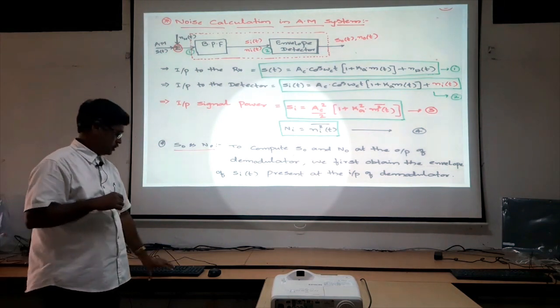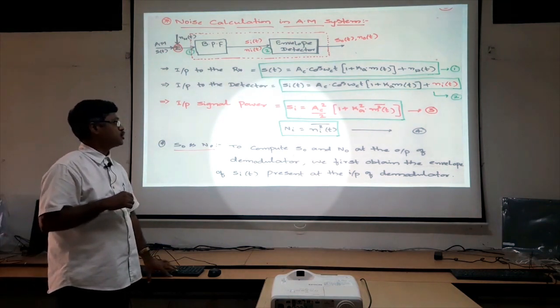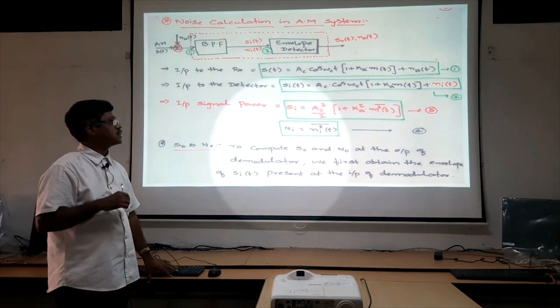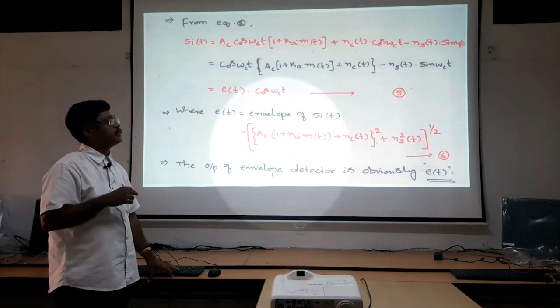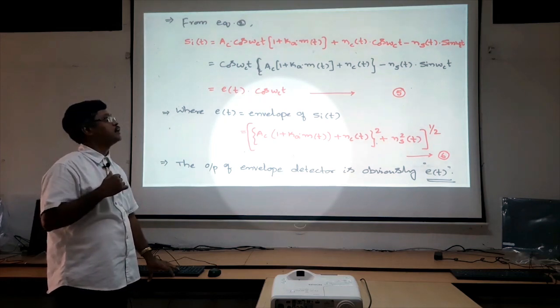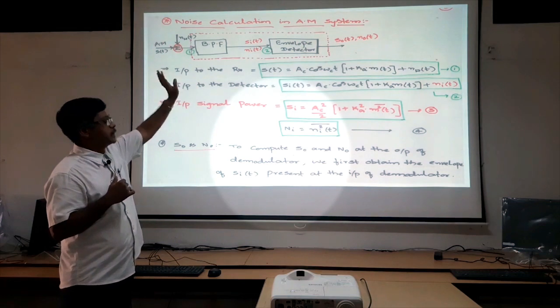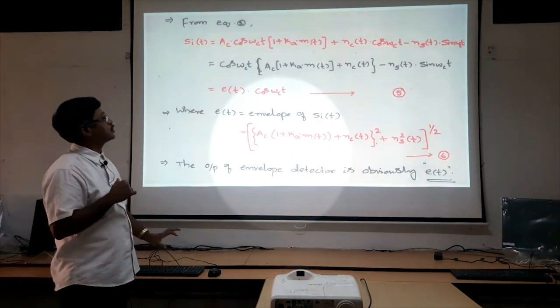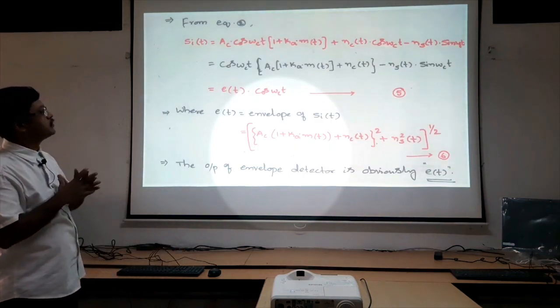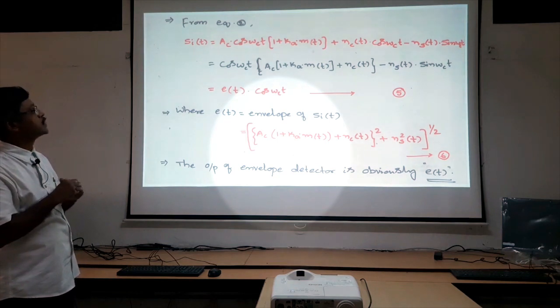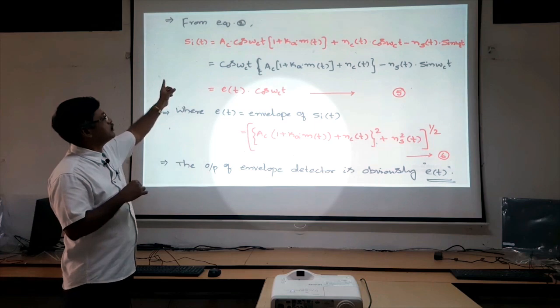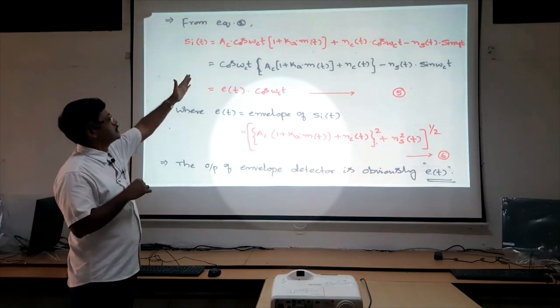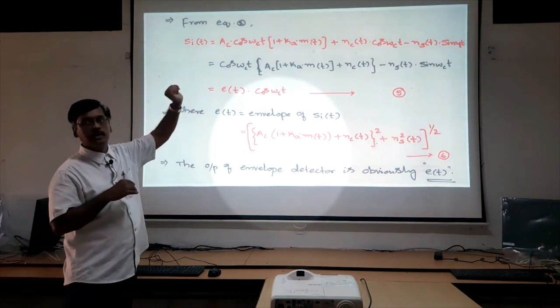Now, before determining the output signal to noise power, let us focus on the envelope detector. The envelope detector detects the envelope of the actual message signal from the amplitude modulated signal. So try to define the envelope of the modulated signal. To define it, I am redefining the amplitude modulated signal along with the noise component.